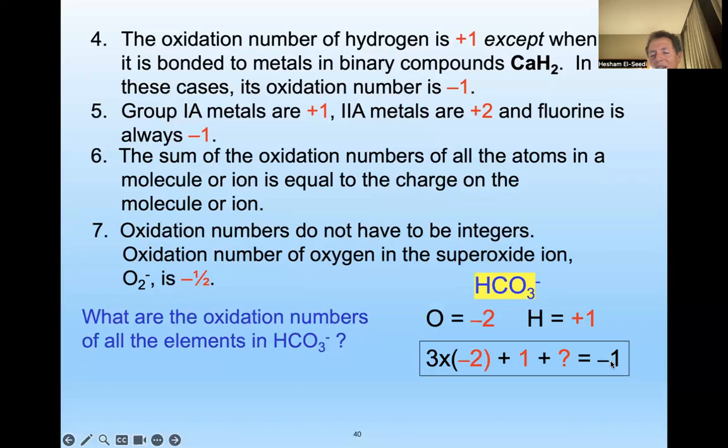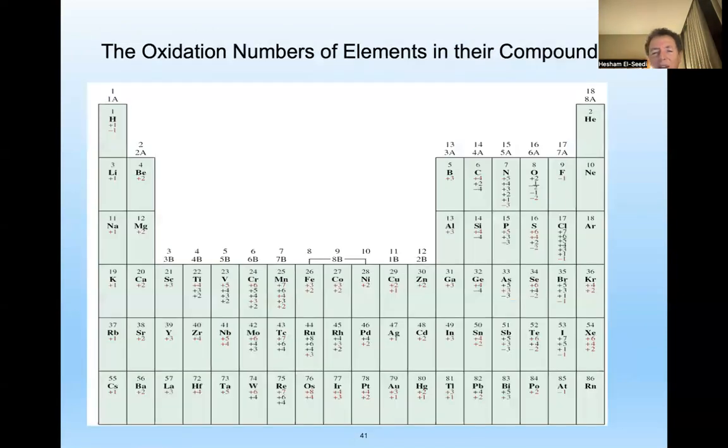This will equal -1. So now you can see that the carbon is +4. And this is what we usually say, that hydrogen should be 1, oxygen is 2, nitrogen is 3, carbon is 4. And this is how you can calculate it.